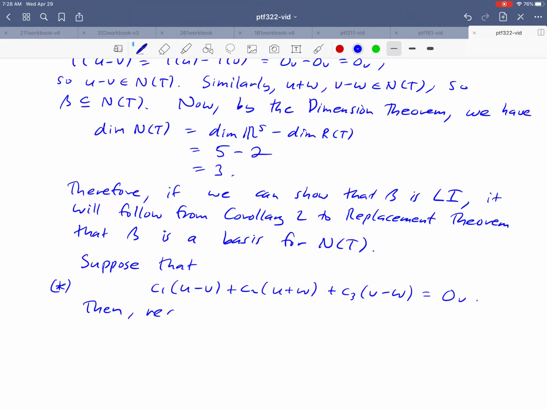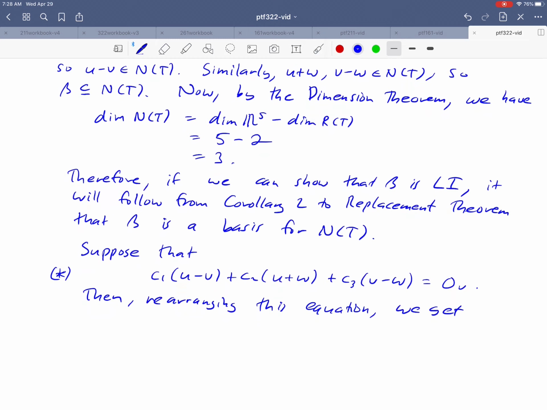So, rearranging. If you take those constants, distribute them through and regroup, another way of writing this looks like C1 plus C2 times U, plus negative C1 plus C3 times V, plus C2 minus C3 times W equals the 0 vector.